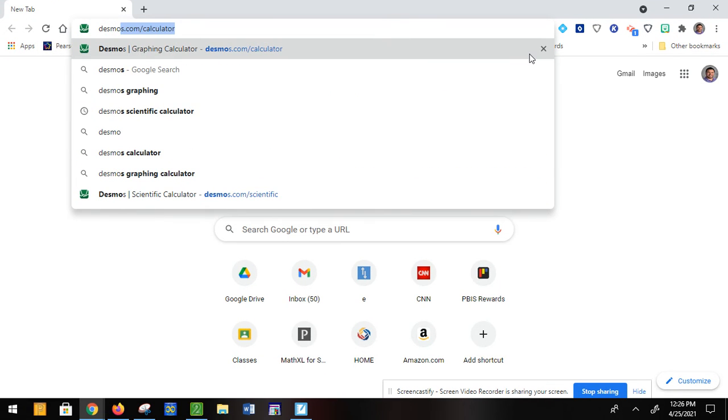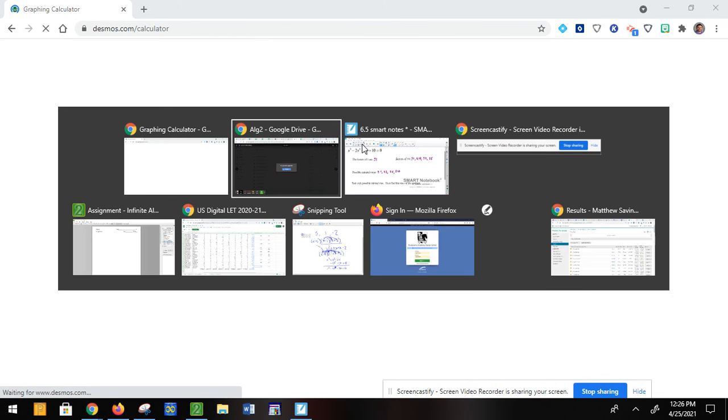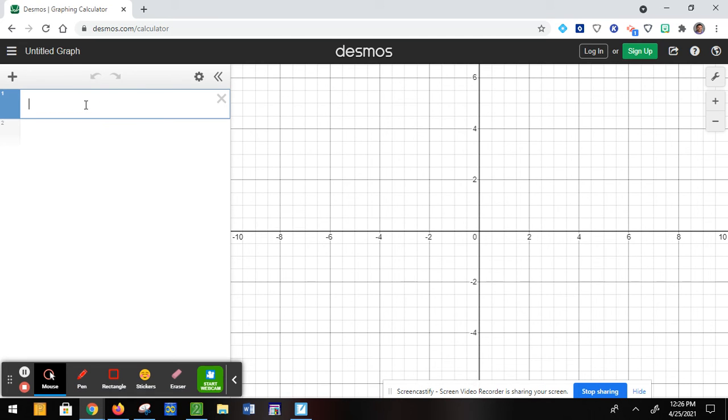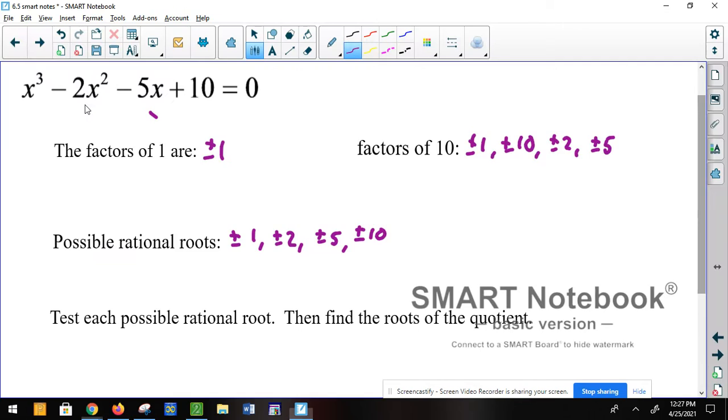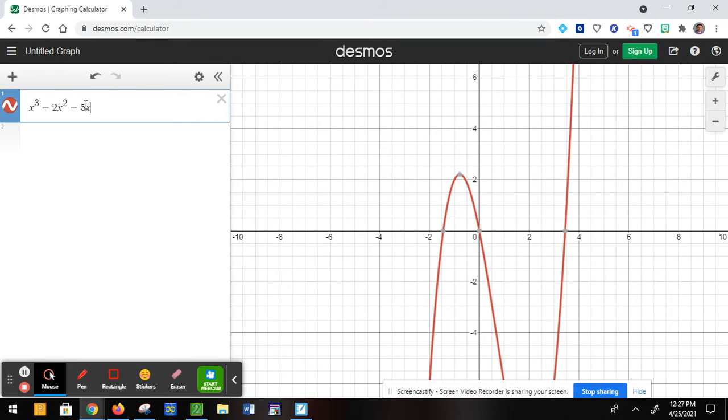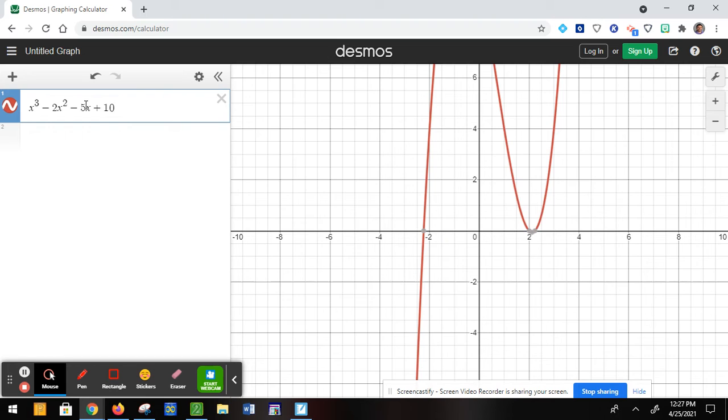To graph, you can graph however you want to graph. Equation is x cubed minus 2x squared minus 5x plus 10. This one appears to be crossing at 3 places, which makes sense because we have a third degree. That just means all 3 are at least real.